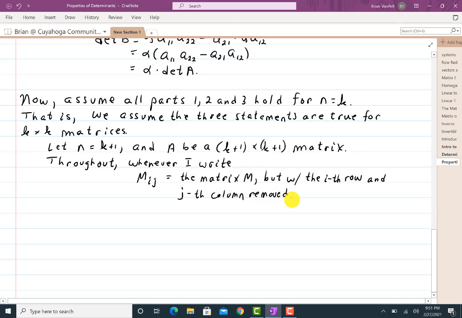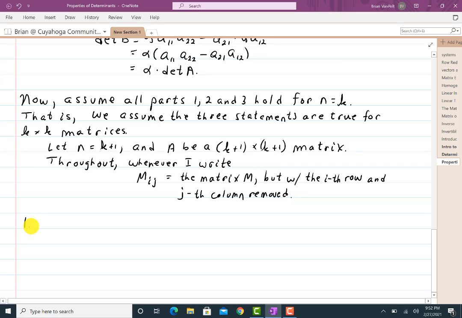And you remember, when you do the determinant, you mark off the column that it's in and the row that it's in, and you concentrate on the entries that are left after taking out that row and that column. Fortunately, if we are starting with a matrix whose size is k plus 1 by k plus 1, removing a row and removing a column will make the matrix into a k by k matrix, and we're already making certain assumptions about the truth of k by k matrices.